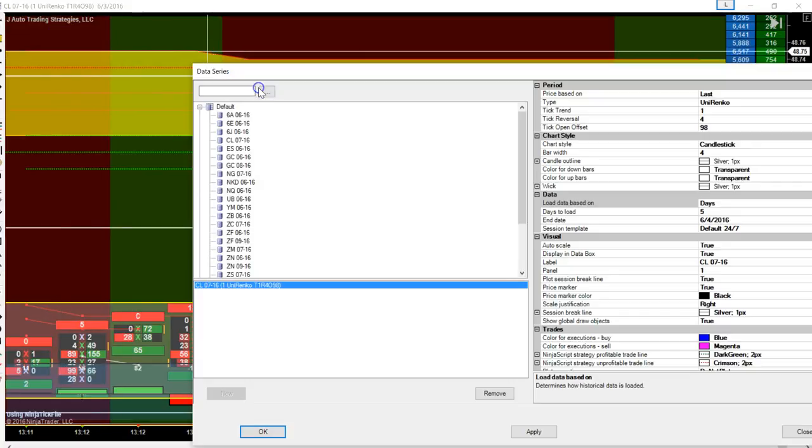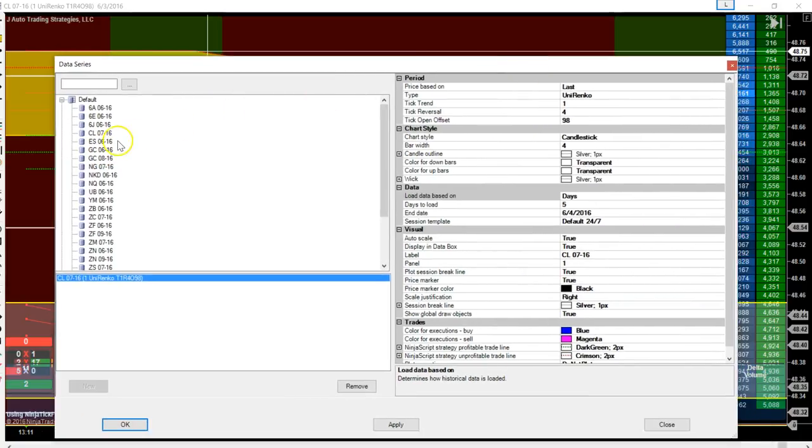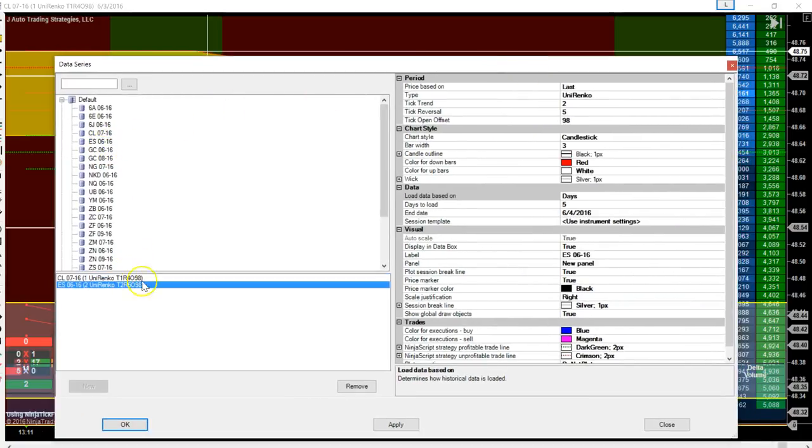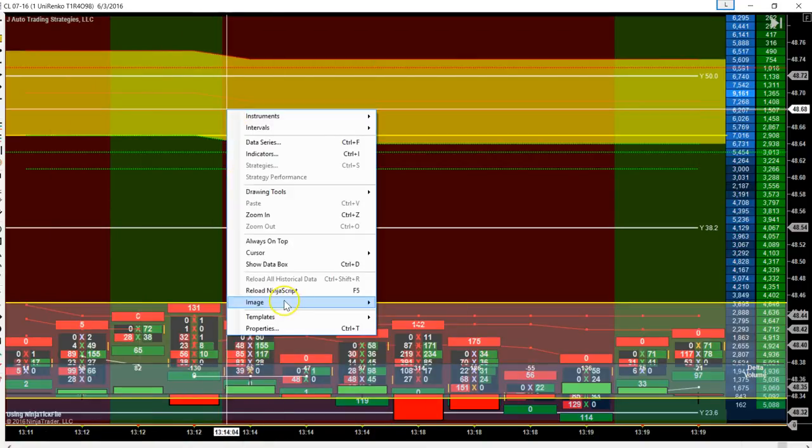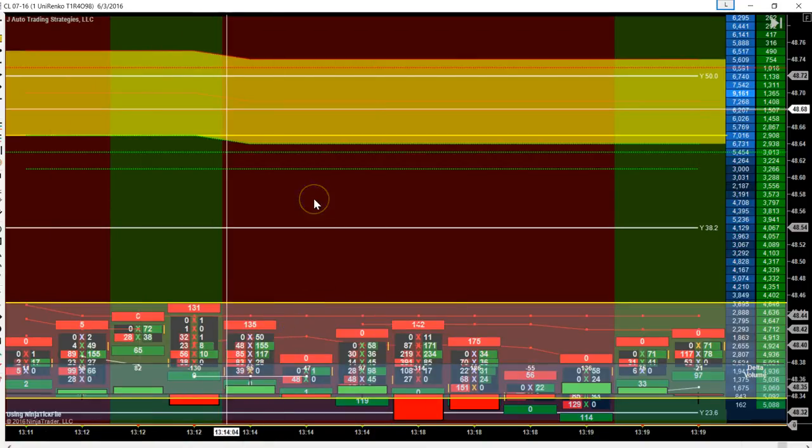If you want to change to the E-mini, sorry, that's not going to work that way. Give me a second. I've got to change the properties.